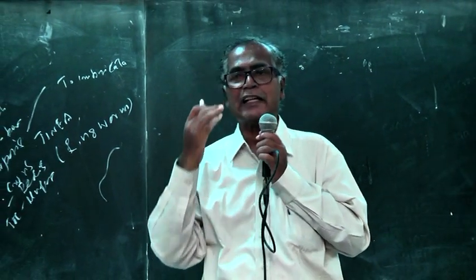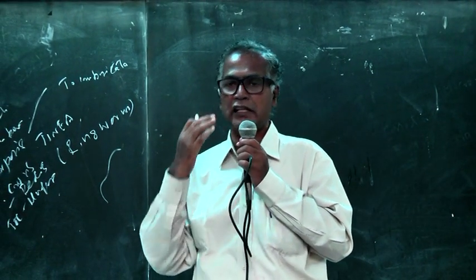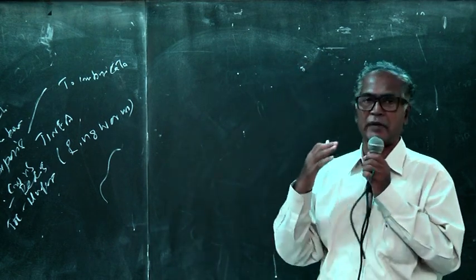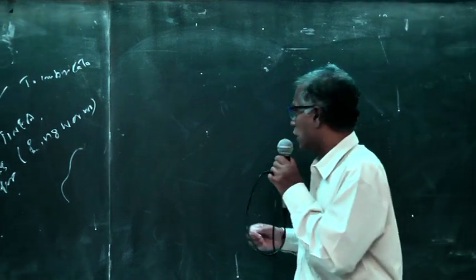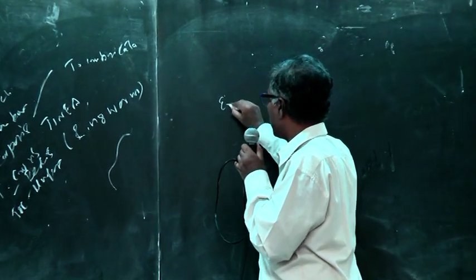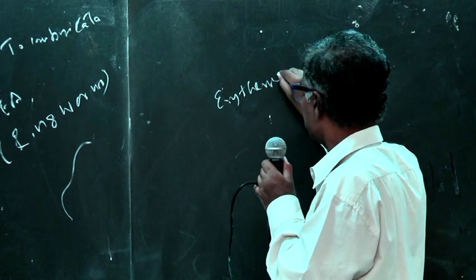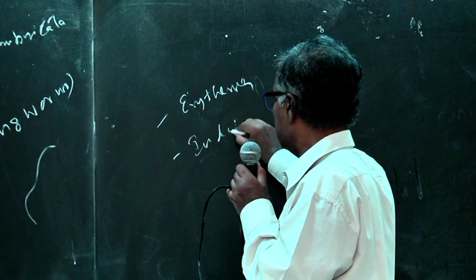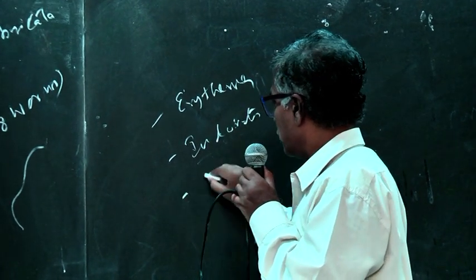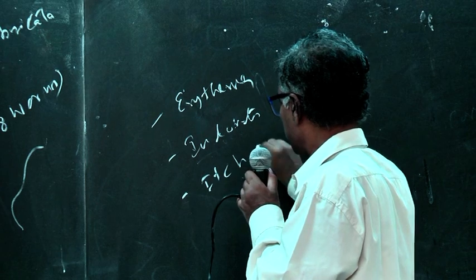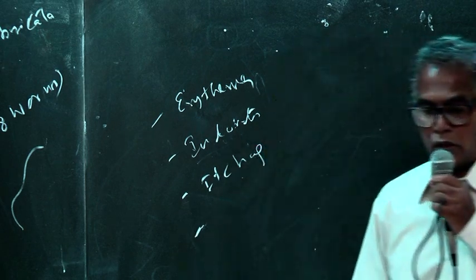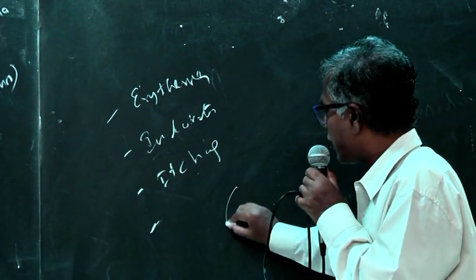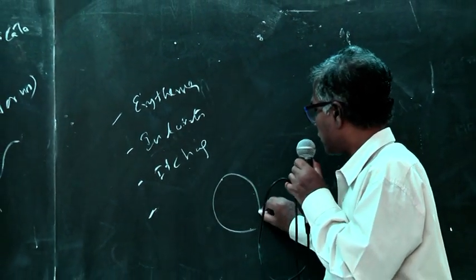So what are the clinical manifestations? Wherever it is present, there are certain common clinical manifestations. These include scale, erythema, induration, and itching. Usually it presents as a concentric ring.